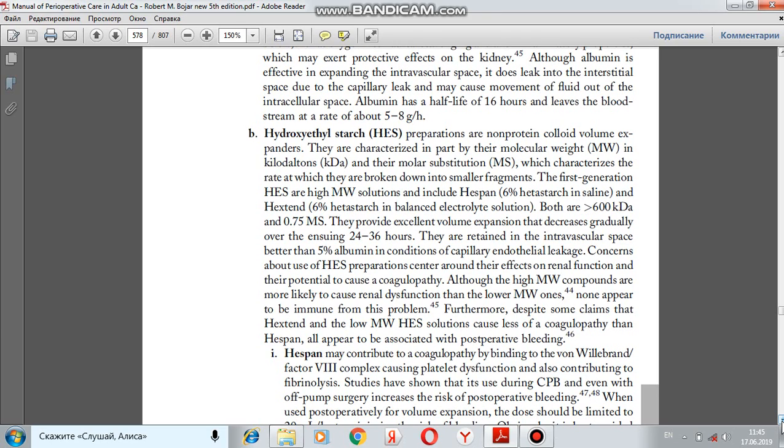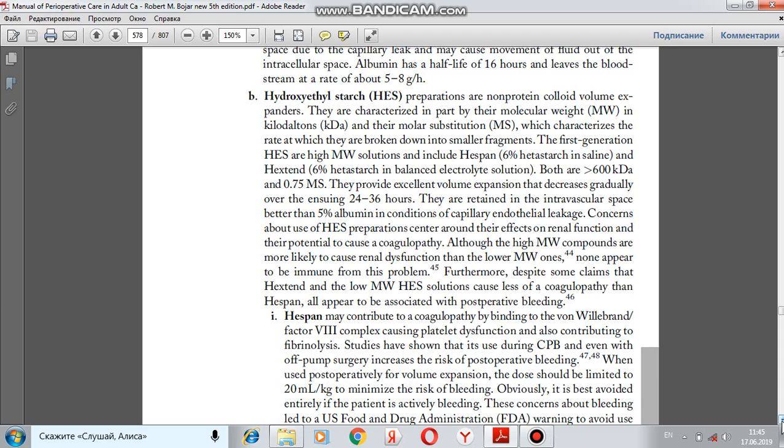Studies have shown that it, used during cardiopulmonary bypass and even with off-pump surgery, increases the risk of postoperative bleeding. When used postoperatively for volume expansion, the dose should be limited to 20 ml/kg to minimize the risk of bleeding.